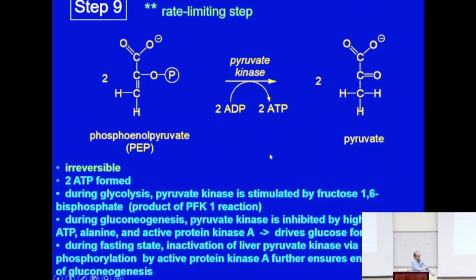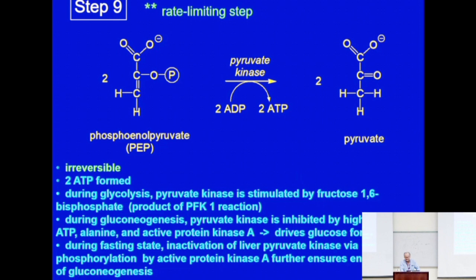This is really a very important enzyme because it's producing energy and it's very tightly regulated. This enzyme is also activated by the product of PFK1, fructose 1,6-bisphosphate. So if PFK1 is active, you have enough fructose 1,6-bisphosphate produced that can allosterically activate the last step of glycolysis, pyruvate kinase. Very important.